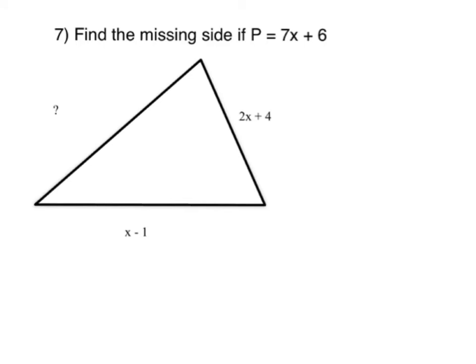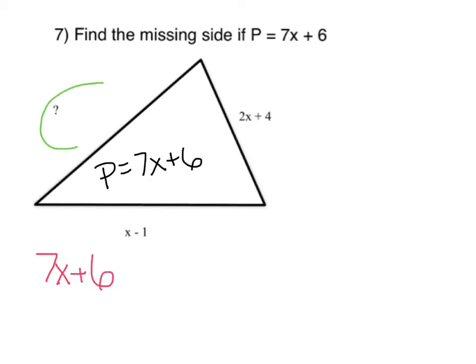Find the missing side if the perimeter equals 7x plus 6. So that tells us the whole thing is 7x plus 6. In order to find this missing side, we basically need to subtract the two sides we do know. In other words, we need to add these two sides together and then subtract it from the whole perimeter.